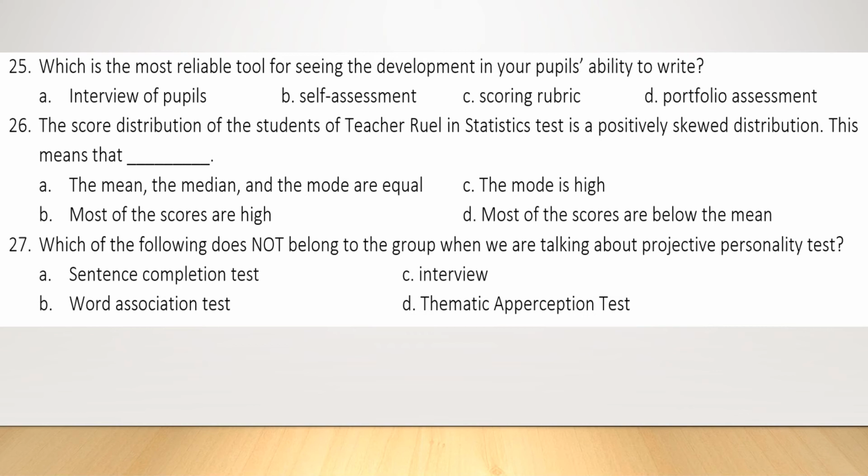Number 26. The score distribution of the students of Teacher Ruel in statistics test is a positively skewed distribution. Diba? I told you, positively skewed to the right. This means that, what's the answer? The correct answer is letter D. Most of the scores are below the mean.